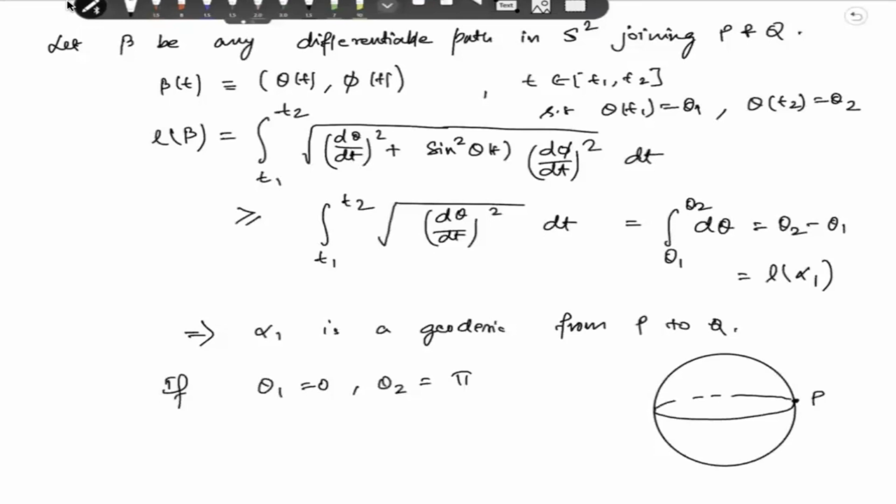Suppose this is my point P and this is my point Q. Now there are two choices.